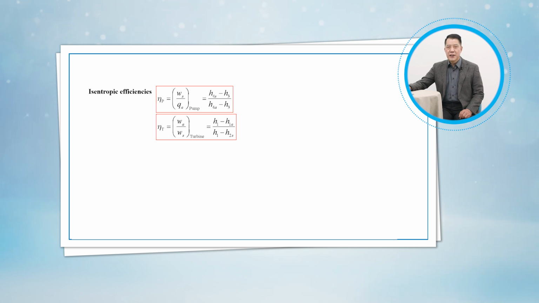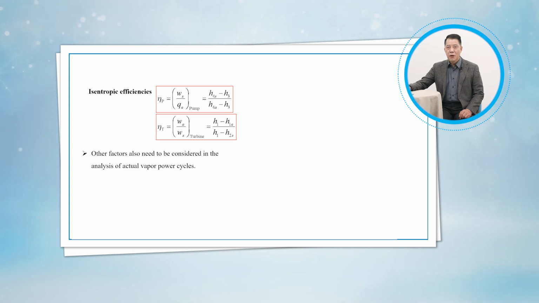Under ideal conditions, the flow through these devices is isentropic. The deviation of actual pumps and turbines from the isentropic ones can be accounted for by utilizing isentropic efficiencies, defined as follows.